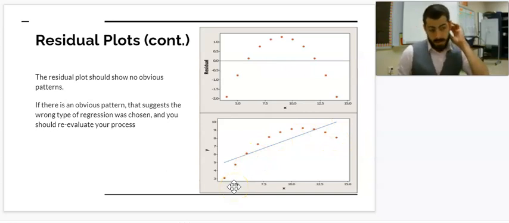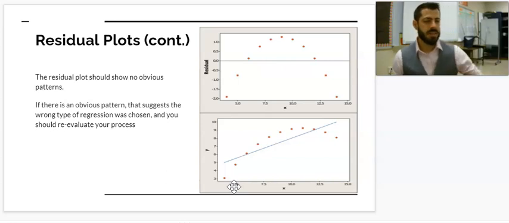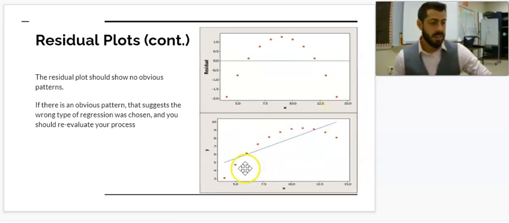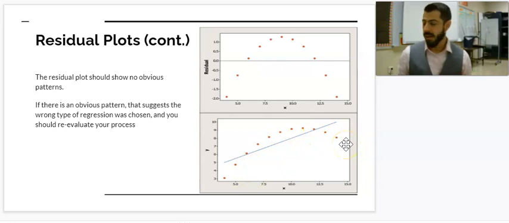So remember, we've talked about how r represents specifically linear relationships, right? This is a least squared regression line that is graphed linearly. This pattern is not a linear pattern. This data does not follow a linear pattern.